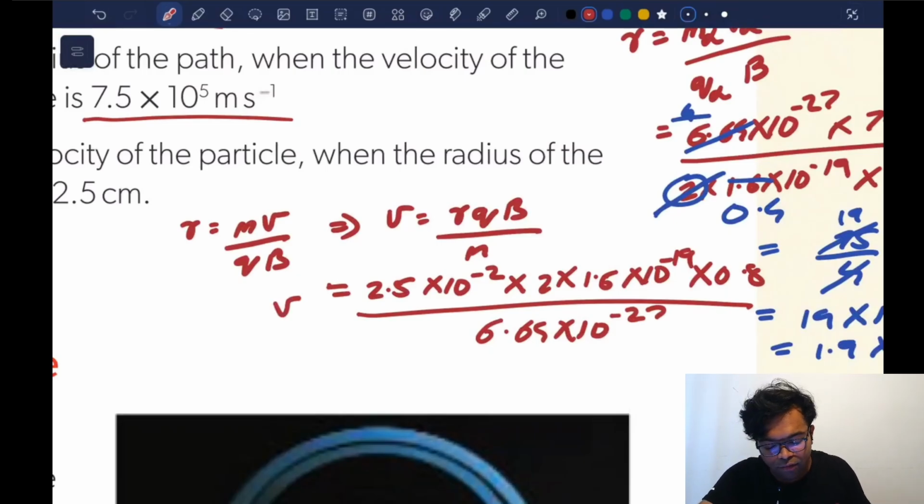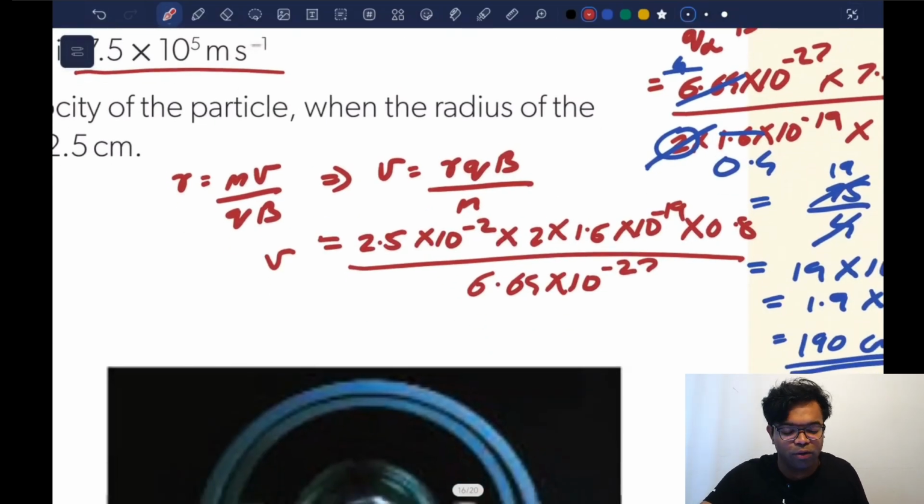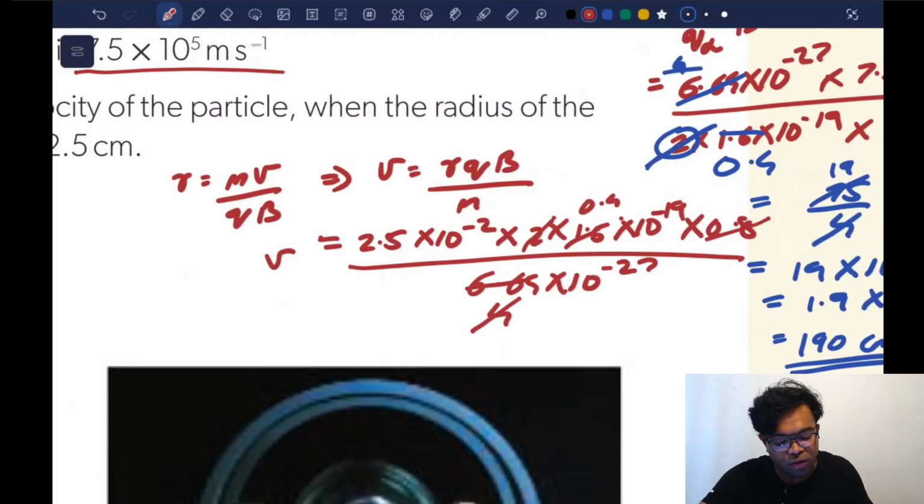So now what do we get? We have to find the velocity. Again, we will do some rough calculations. So I'm going to cut this 2 and this 0.8 as 1.6, and cut this 6.64 and this 1.6 as 0.4.